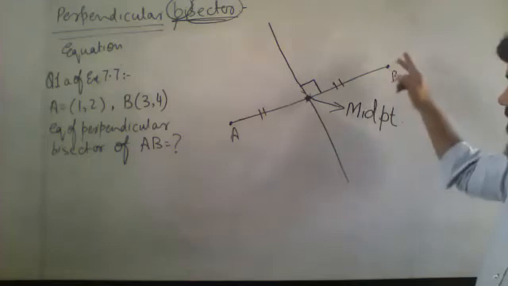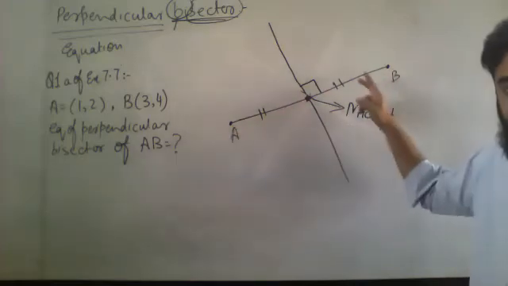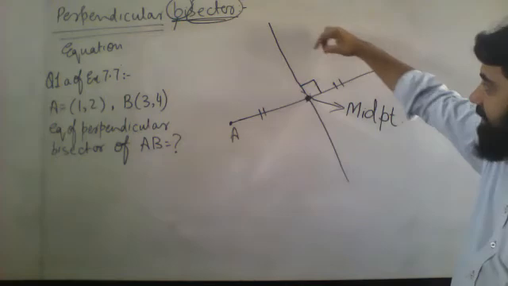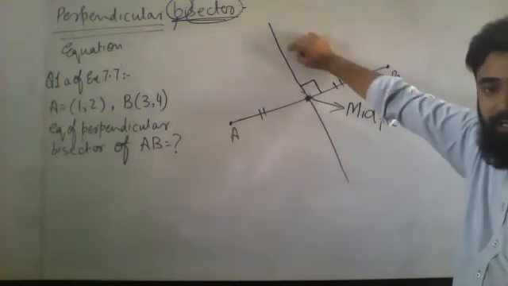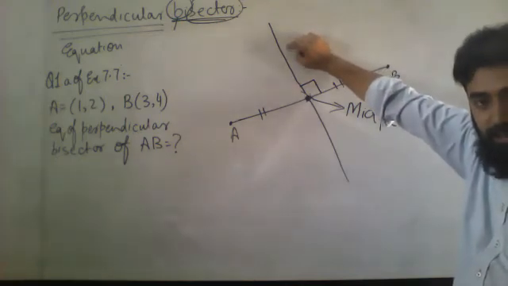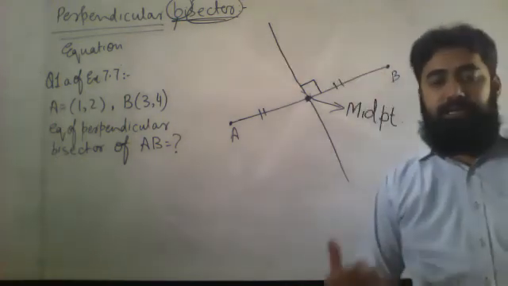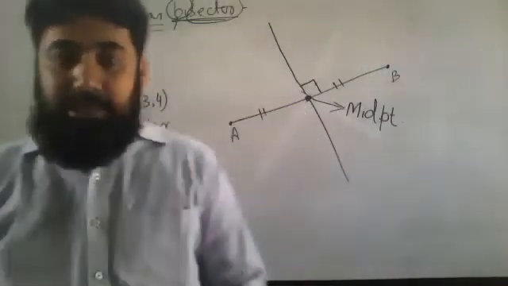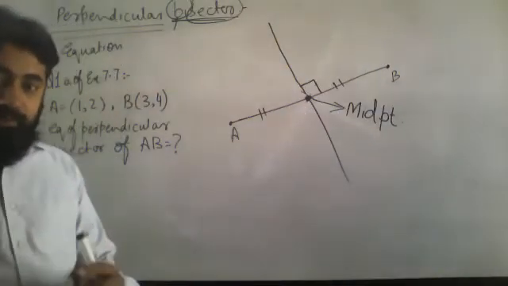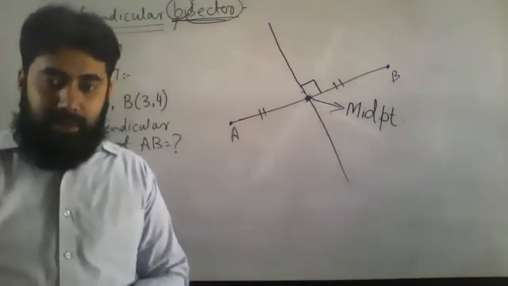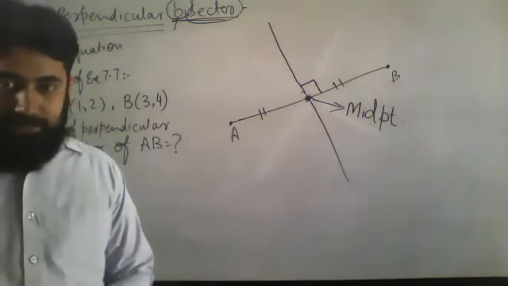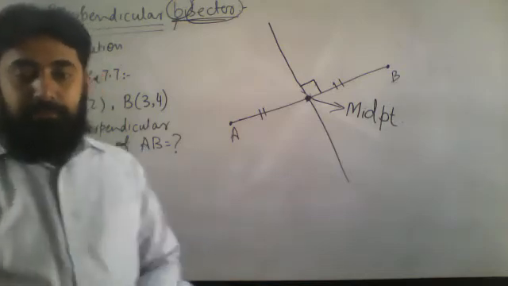Second step, find the gradient of this line. Once you have it, you take the negative reciprocal and you will have the gradient of this line, and after that we can find the equation of the line. That is the main concept which I am going to apply when the equation of a perpendicular bisector is required.